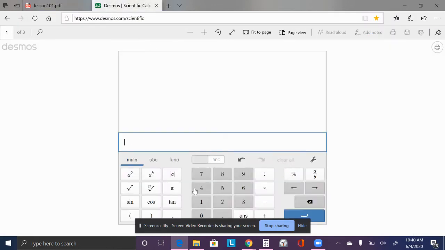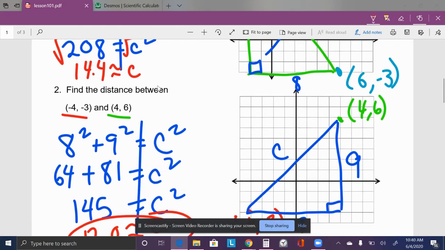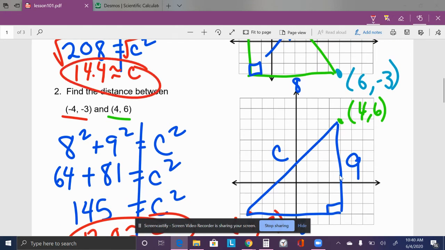Square root of 145 is 12.04, so it's about 12.0. And that's rounded to the nearest tenth. Again, this one was also rounded to the nearest tenth.